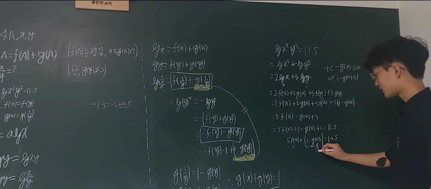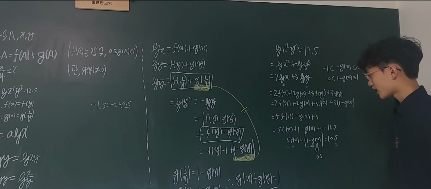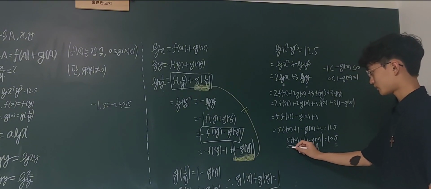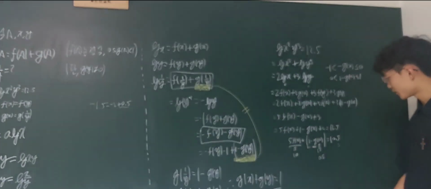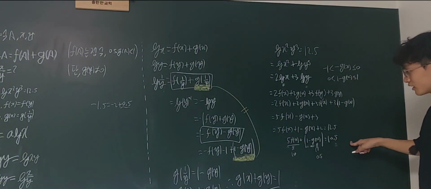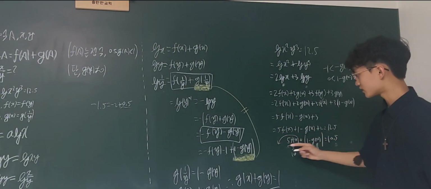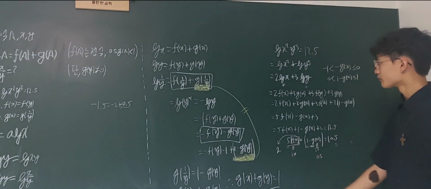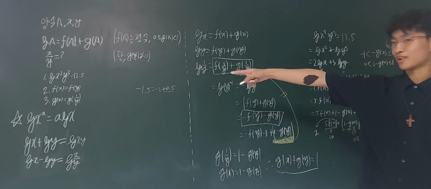So we know that this is equal to 0.5, and since this part is equal to 10, because it is 10 plus 0.5, we know that f of x, this part, is equal to 2. And let's get back to there.